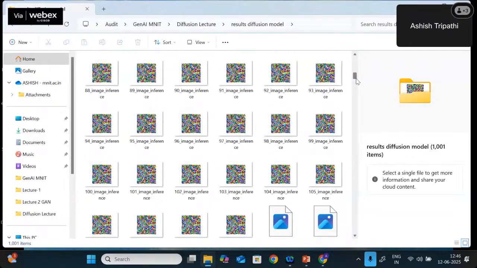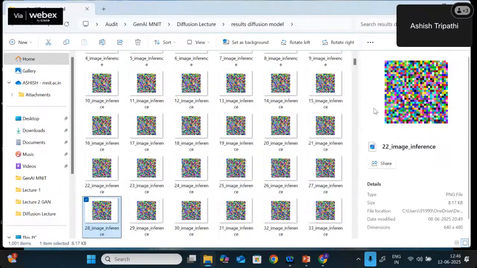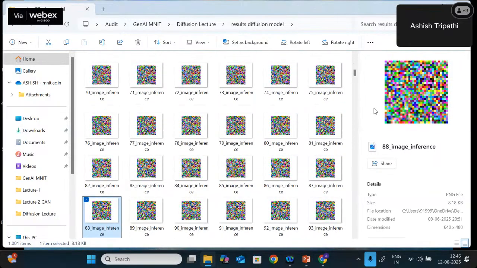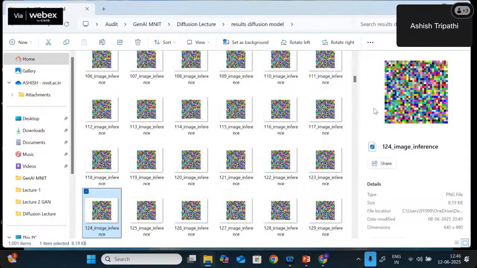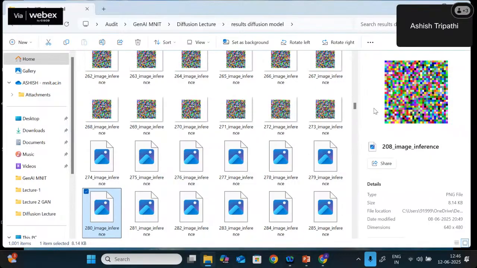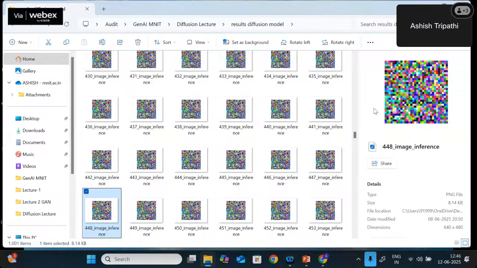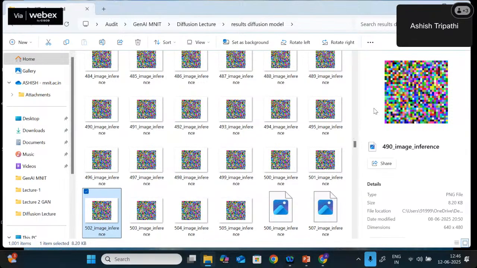This is noise, noise, noise. I have printed this for the reverse process. Again, after some epochs, you will be able to see that the quantity of noise is being reduced.